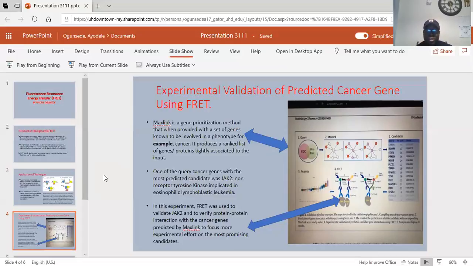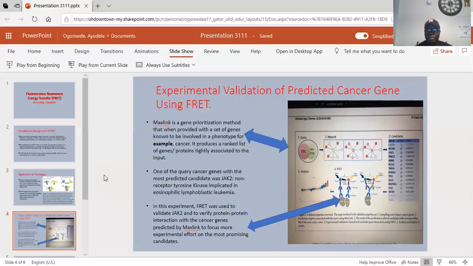One of the query cancer genes that was predicted by MATLINK was a gene called JAK2. Through some filters and other parameters that were set up, MATLINK came out with JAK2 as the most promising candidate.